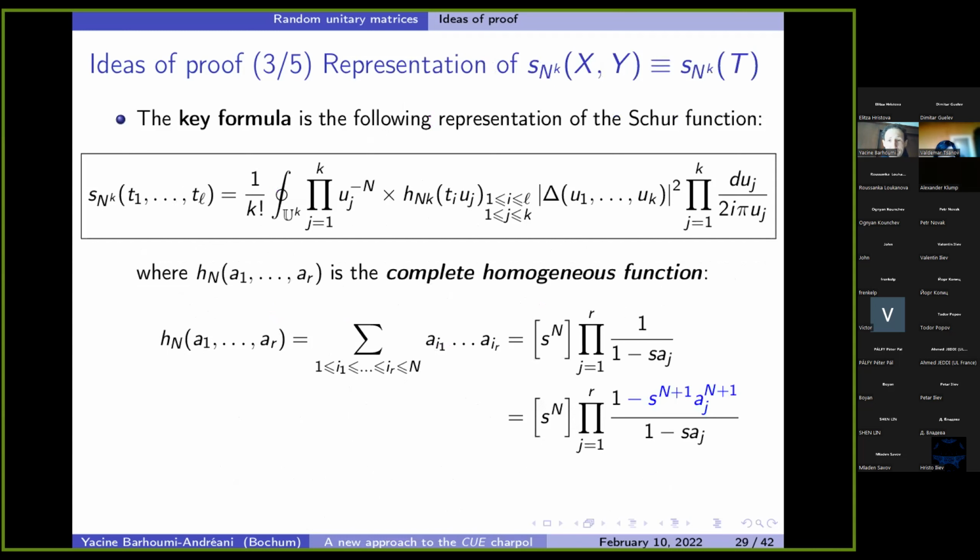This is my alternative to the CFKRS formula that is used. You see that this is an integral over R^K of a square Vandermonde determinant. And here you have a particular function, H index n times K of K times L variables, t_i, u_j. This H function is the so-called complete homogeneous symmetric function.